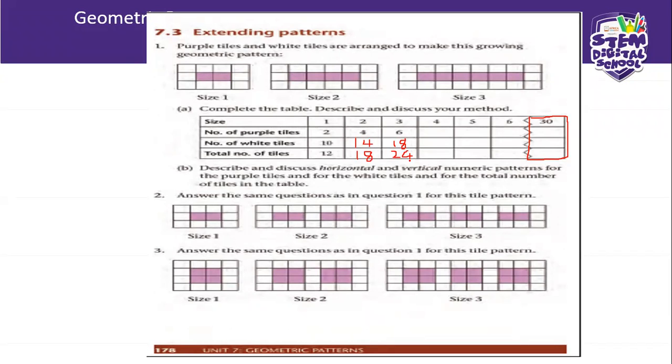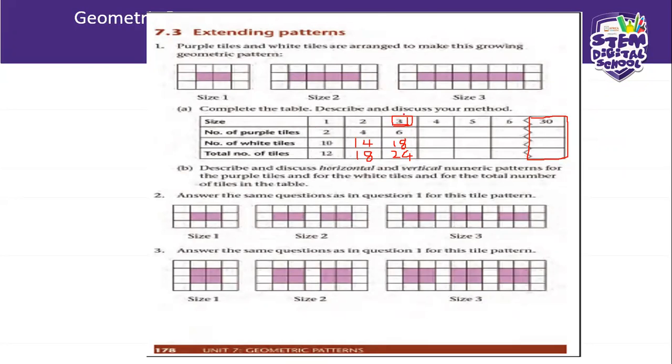So we are posed with a question here. How can I get, looking just at the size number itself, a shortcut so that when I have any other size number, I can get the answer?